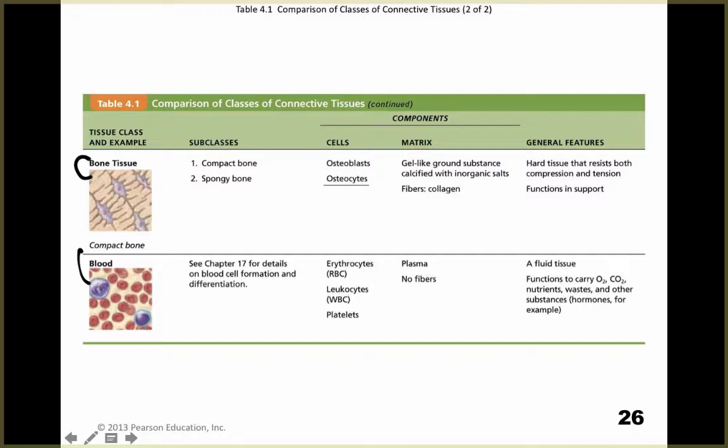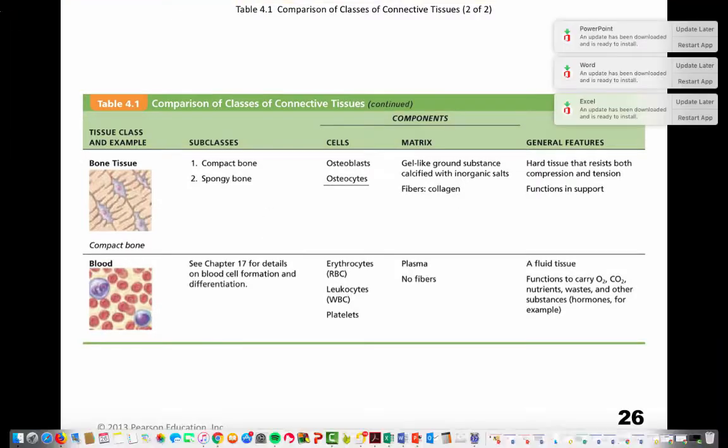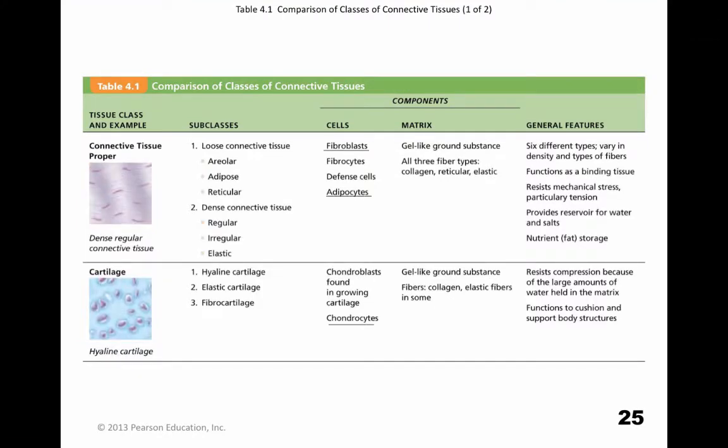So those are all basically the classes within connective tissue. Go back. And you'll notice that you can subdivide them. So you're going to have loose and dense connective tissue. That's going to talk about how much area you can see between fibers.